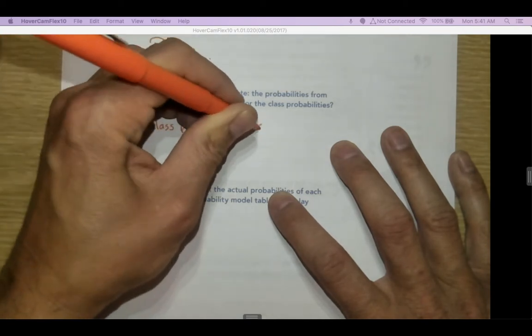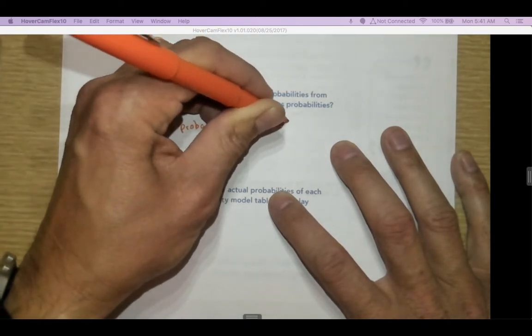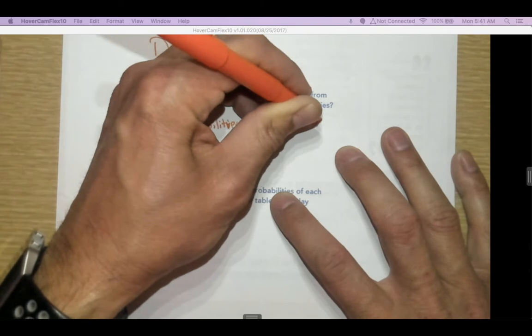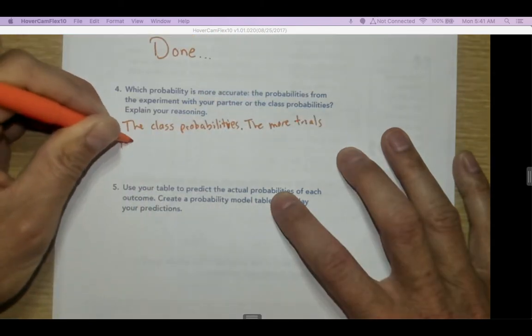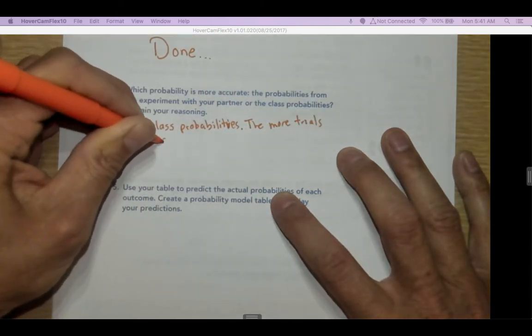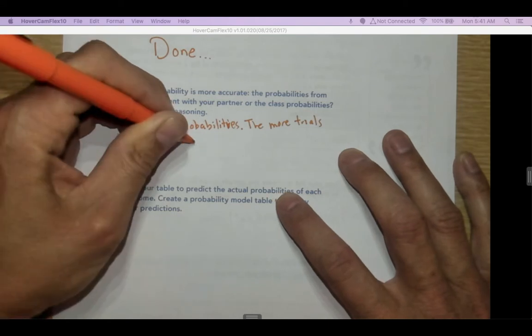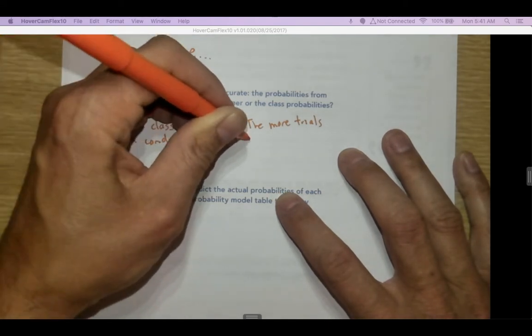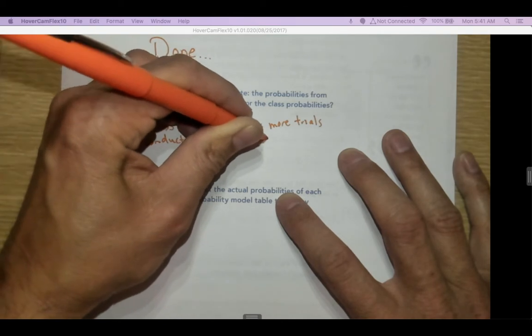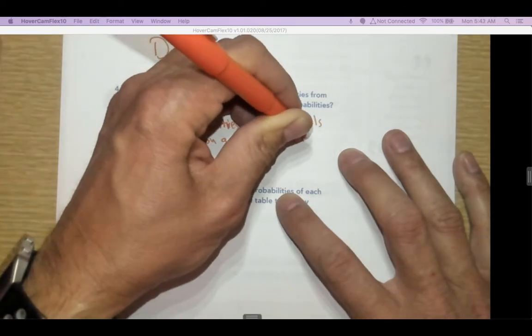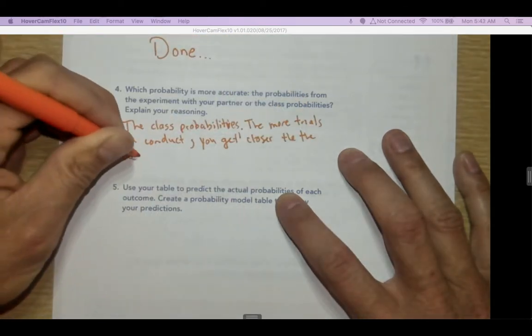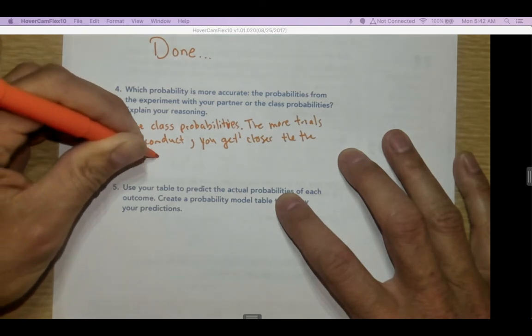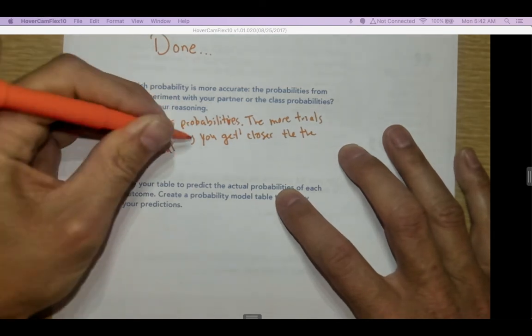The more trials you conduct, the closer you get to the theoretical probability.